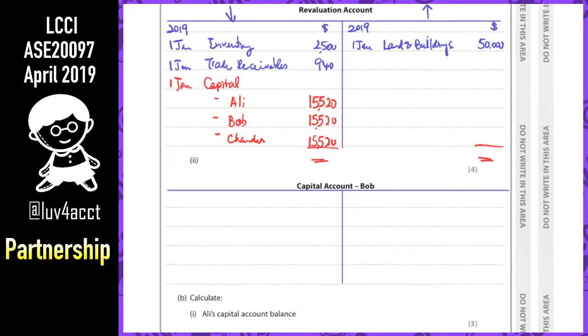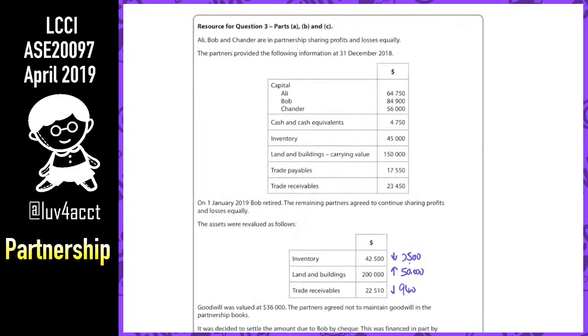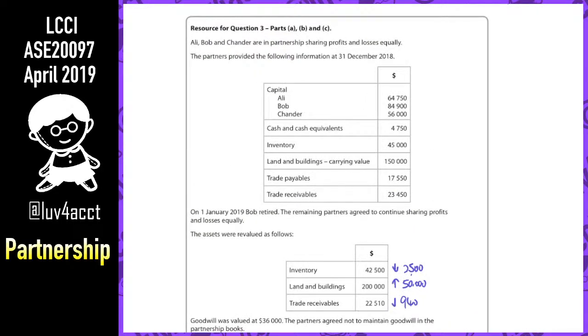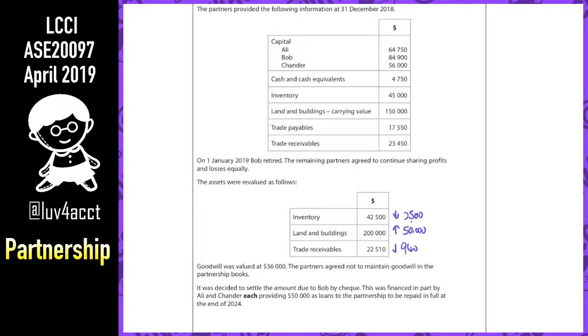Okay, and then the capital account of Bob. We have to look at what Bob originally had, 84,900. Okay, and then goodwill is 36,000.